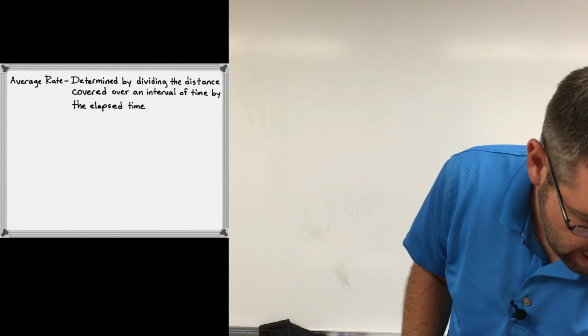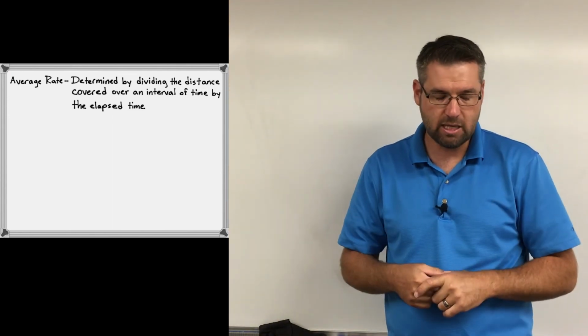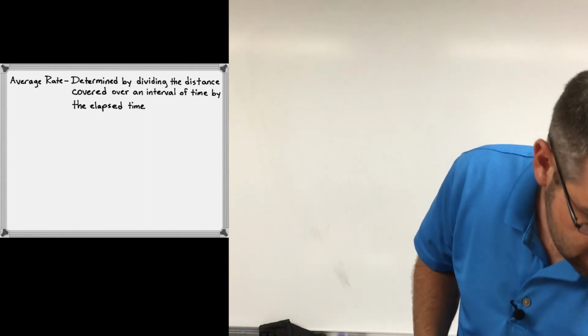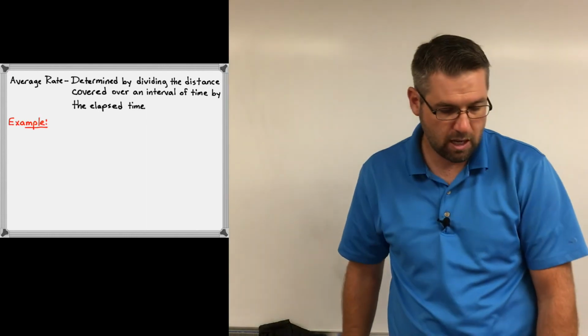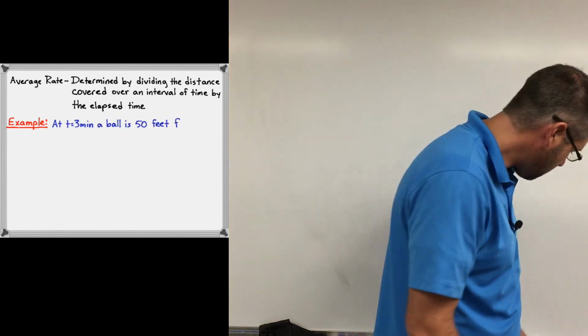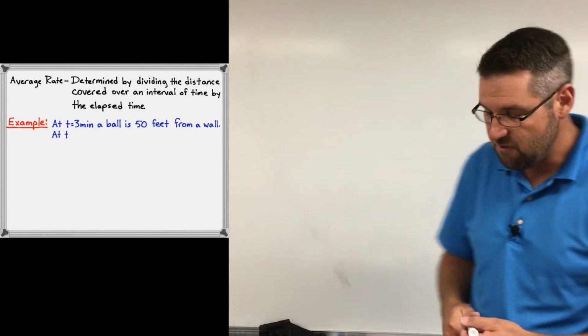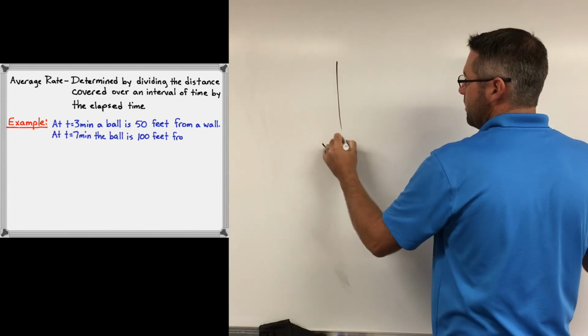The way we do that is we figure out the distance that was covered, 100 miles in our case, and divide it by the time that we were traveling, which in our case was 2 hours, okay? So here's an example of this. At t equals 3 minutes, a ball is 50 feet away from a wall. So here's the wall.